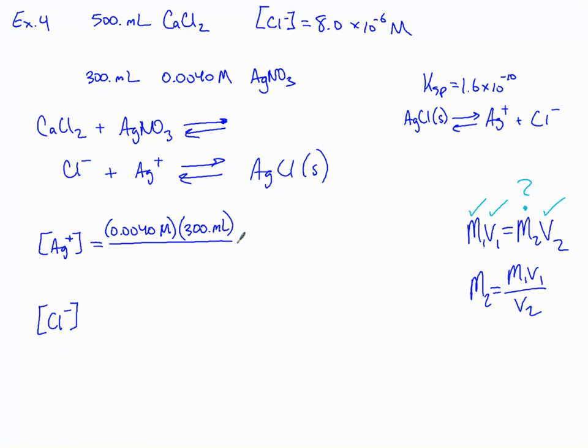The final volume is 300 plus 500, 800 milliliters. And so milliliters will cancel out, and it leaves us with units of molarity, and we find 0.0015 molar.